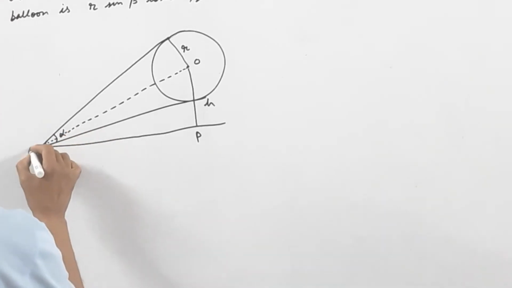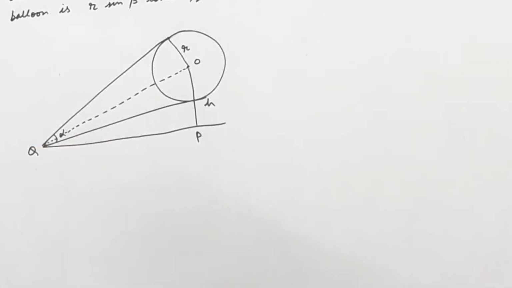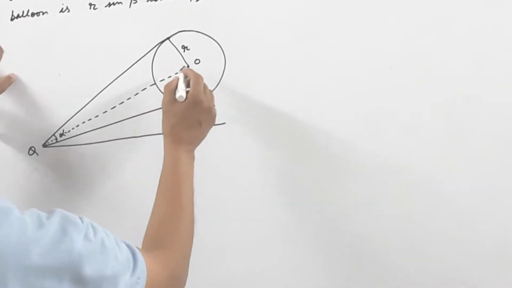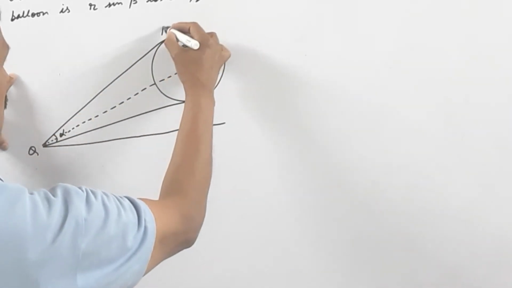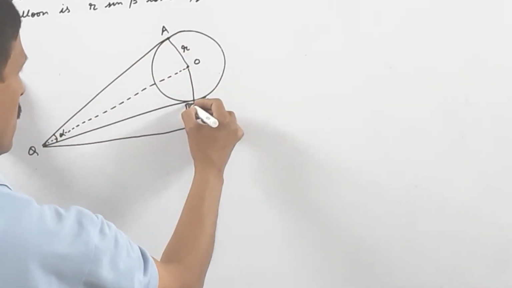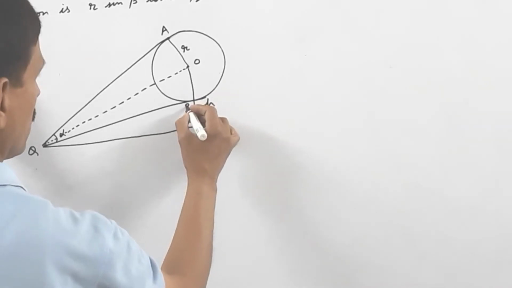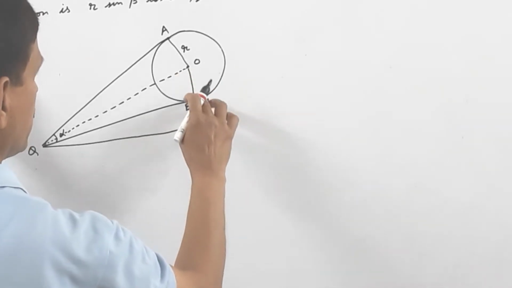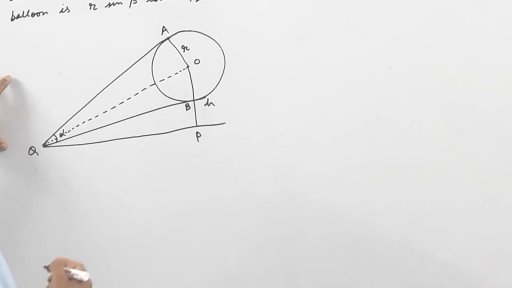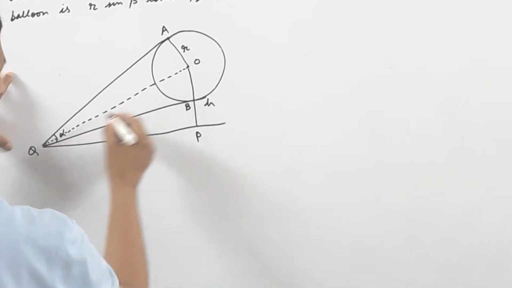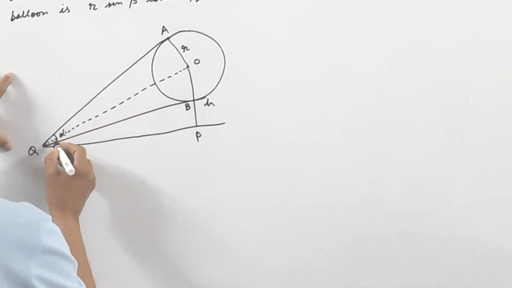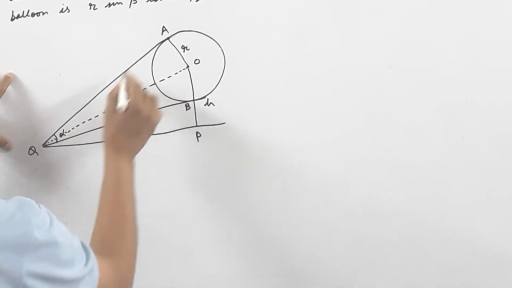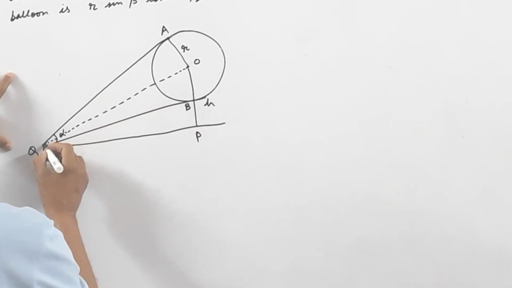Join say OQ. Because QA and QB are tangent segments from an exterior point, the line joining the center to the exterior point bisects the angle formed by the two tangent segments at the exterior point.